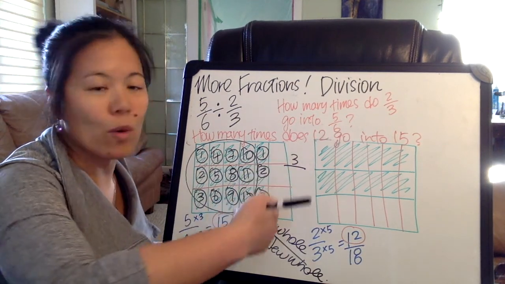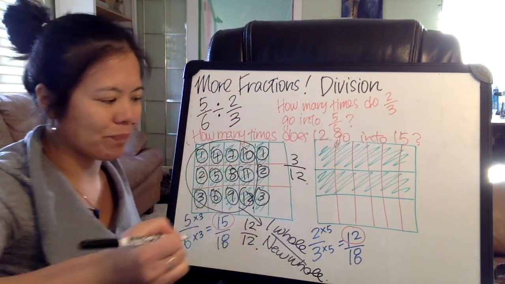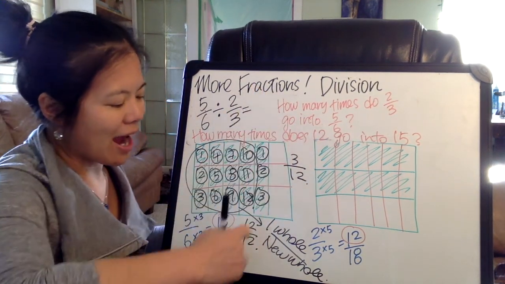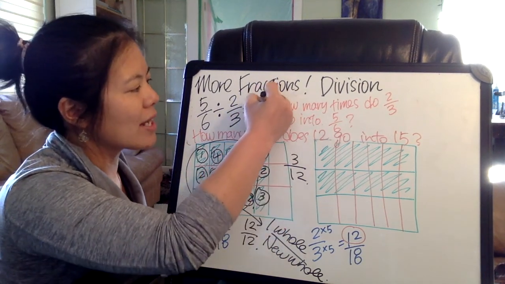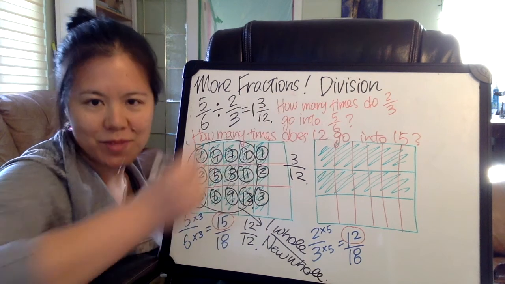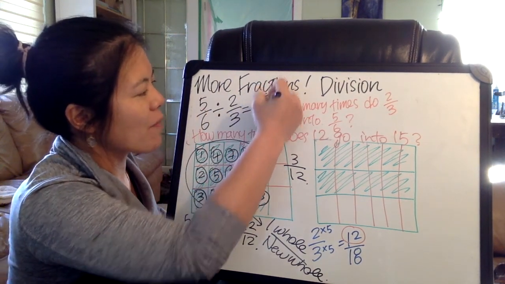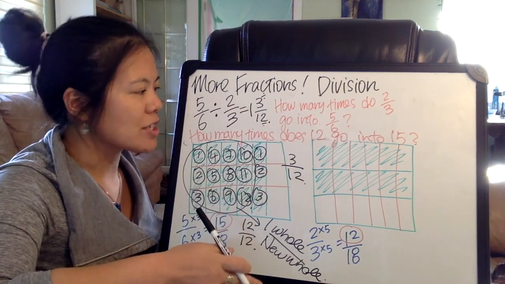That means I have only 3 out of the required 12 to make a whole. So the answer to this question is I have 1 and 3/12.